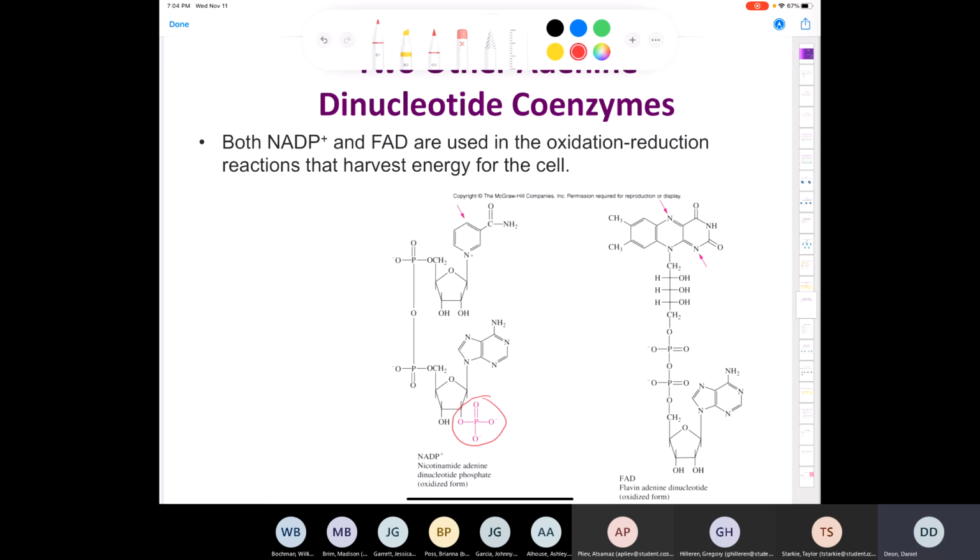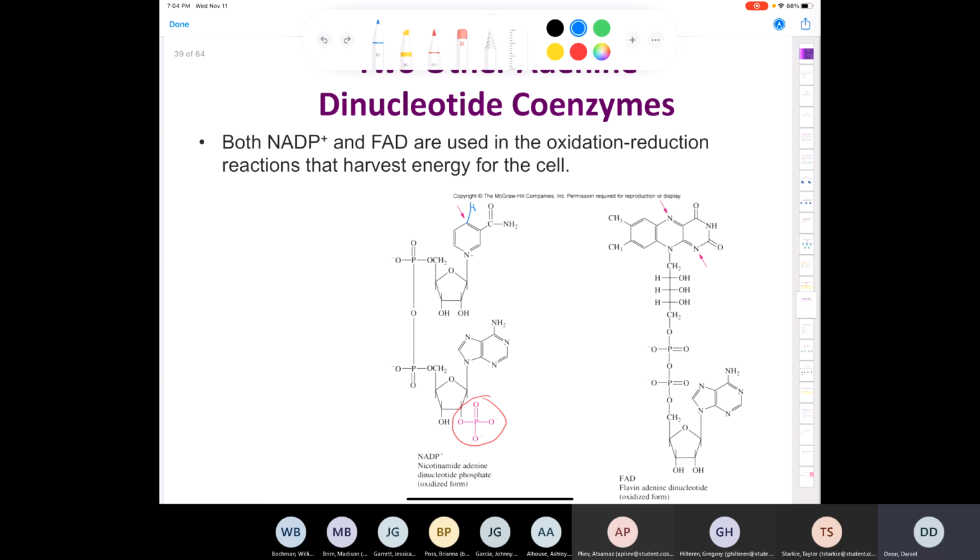And FAD is flavin adenine dinucleotide. This is the oxidized form here. If you're wondering what these pink arrows are about, there's obviously a hydrogen here, there's no hydrogen here, and there's no hydrogen here.